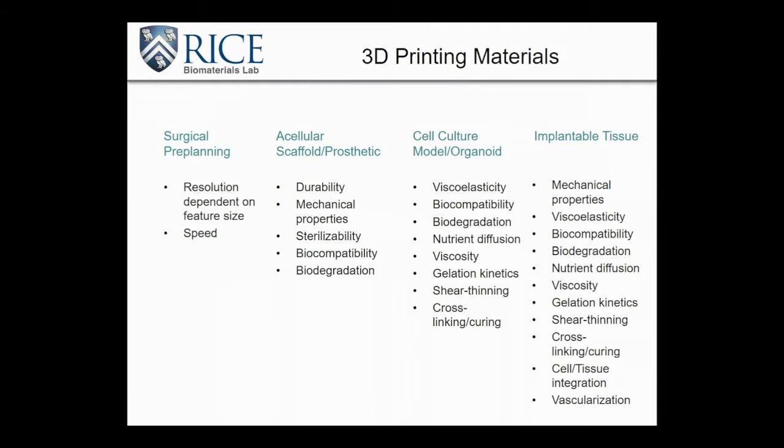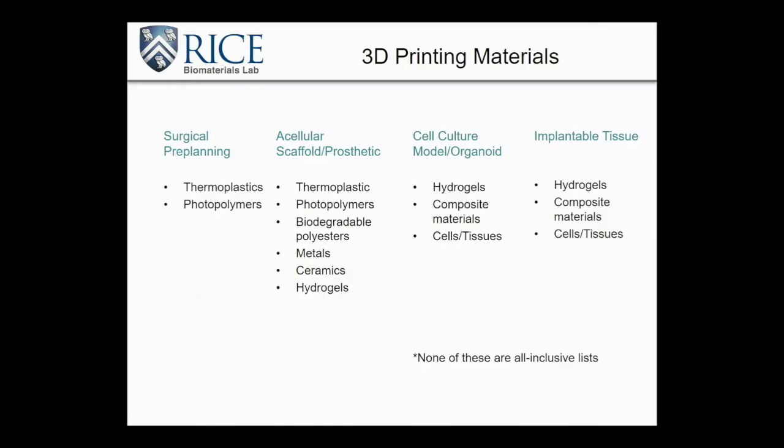And again, each of these challenges is going to be drastically different based off the materials you use, as well as the 3D printing technique that you want to use. So it's really important that we consider all of these factors when deciding, like I said, whether or not we actually want to use biofabrication in our research.